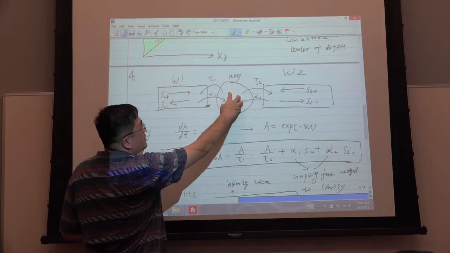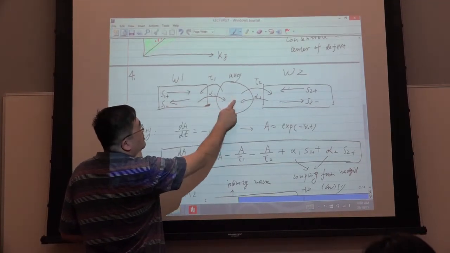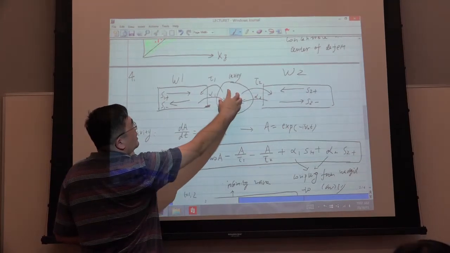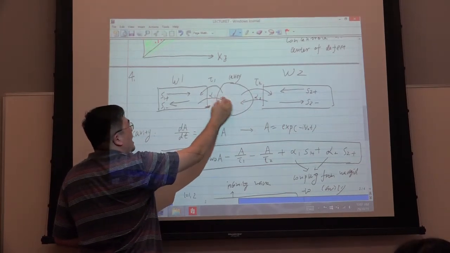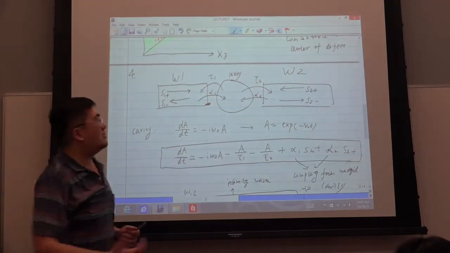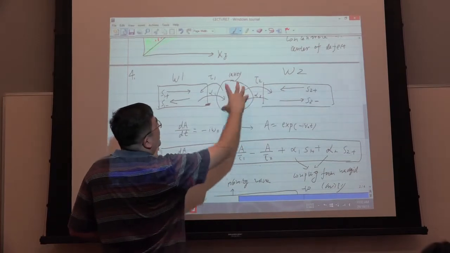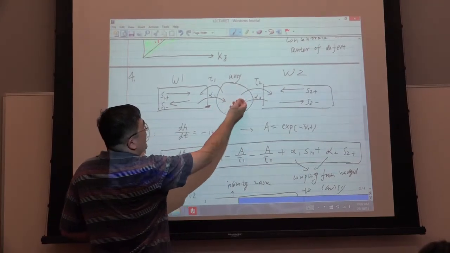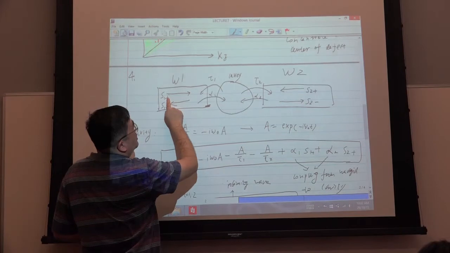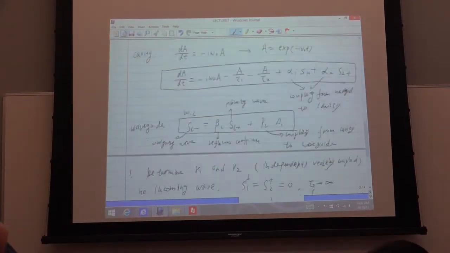Because of the cavity resonance, the wave goes to S1. So S1 is the physical origin of this decay. The cavity decays and releases energy to S1. It's easy to understand. This one I do not consider because they are independent of each other. There is no outgoing wave, so it equals S1.